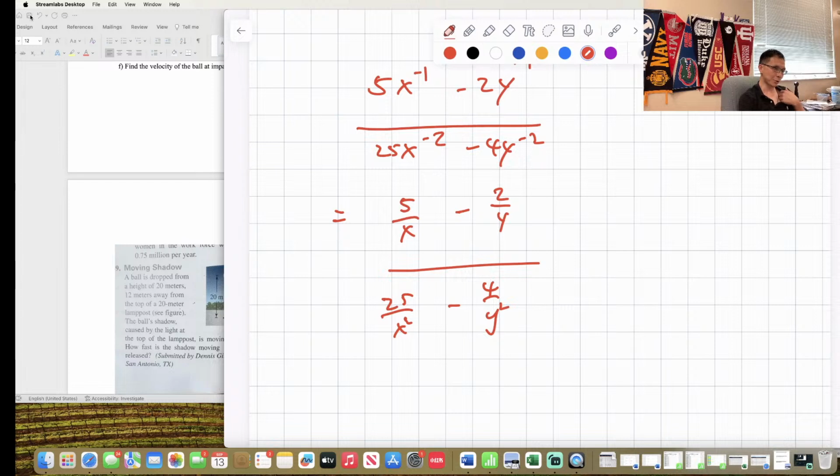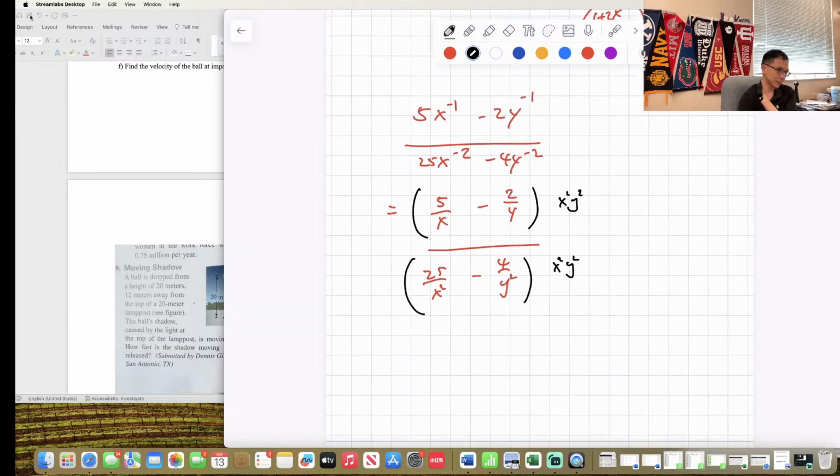What you can actually do is recognize what's the least common denominator for everything. The least common denominator for everything is actually x squared y squared. So you can multiply the top part by x squared y squared, and the bottom by x squared and y squared here. Now this is a harder way.